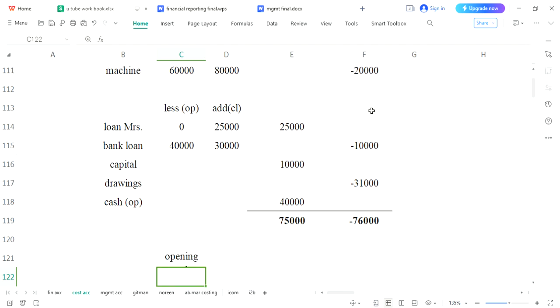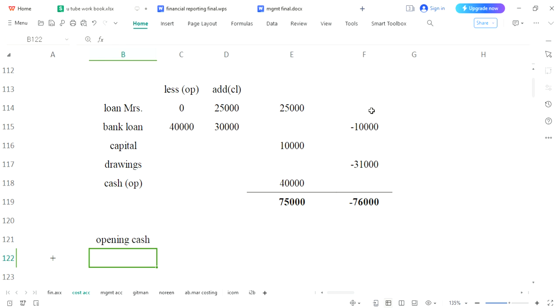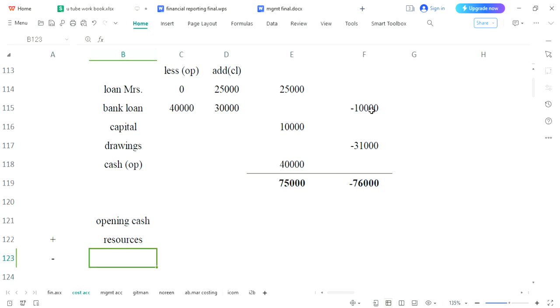You will write your opening cash, and then you will add all your resources and subtract all your applications.